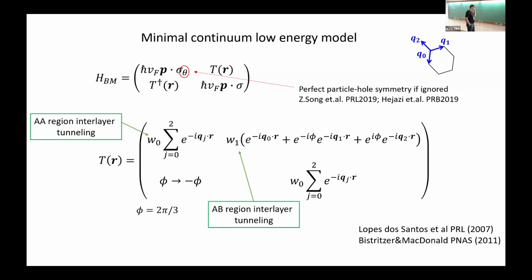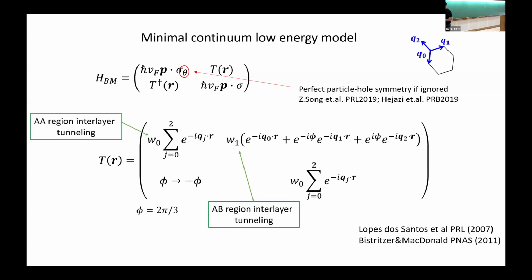And then, if you take R to minus R with this, then the T dagger of minus R will just simply become T of R. And so the entire Hamiltonian will change sign. Okay? And this symmetry is there regardless of the ratio of W0 and W1. And it was noticed by Leon Balents' group and by Andrei Bernevig's group. And this will play a role in what we discussed.